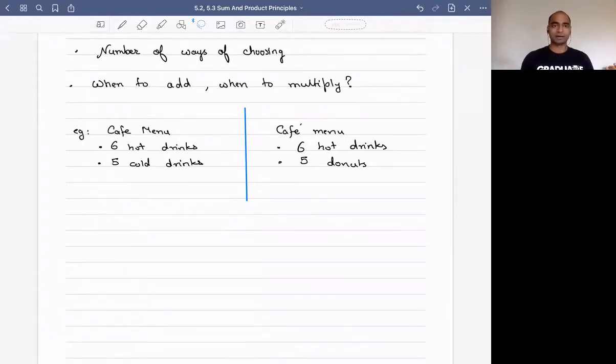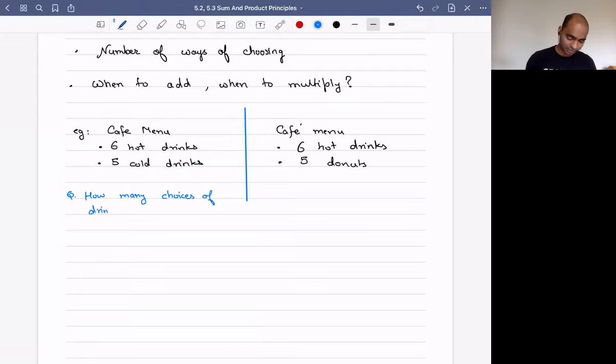This is easy. You have 6 choices for hot and 5 choices for cold, and you want to get one, so it should be 6 plus 5. So here I'm adding. So the question is, how many choices of drinks do I have? And the answer is 6 plus 5.